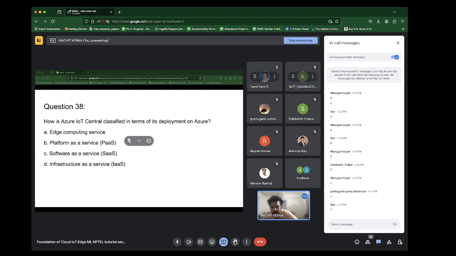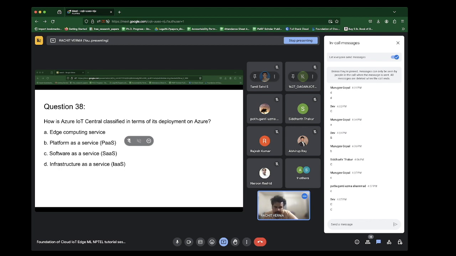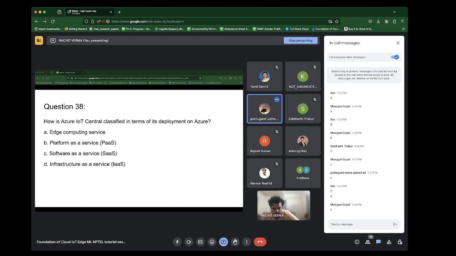So Azure IoT Central, is it an edge computing service, platform as a service, software as a service, or infrastructure as a service? Any responses? Option C. B. B. No. So Azure IoT Central is a software as a service, right?